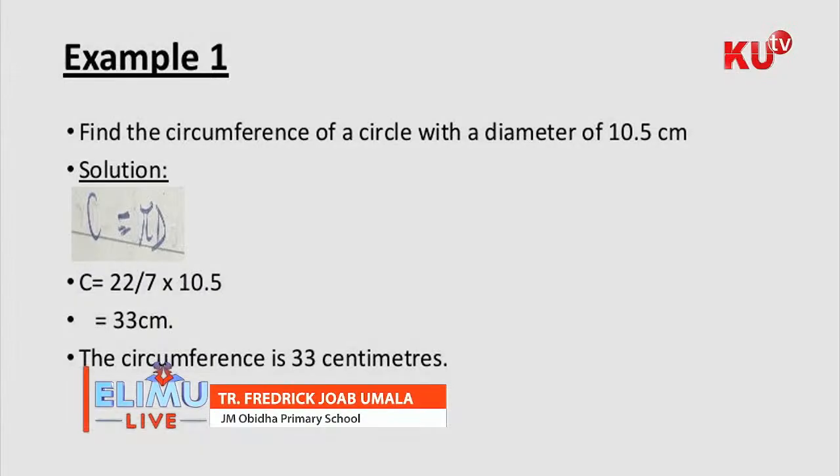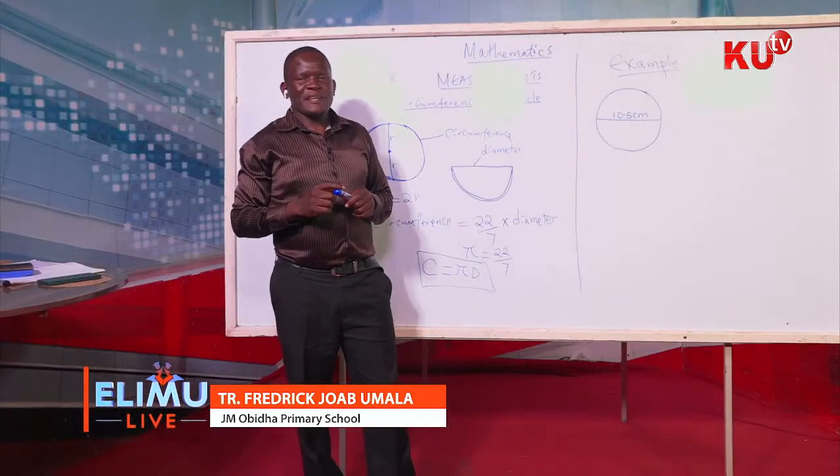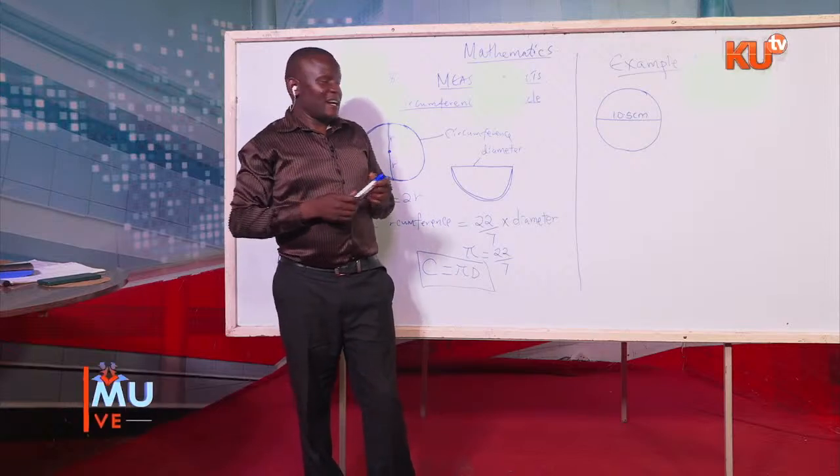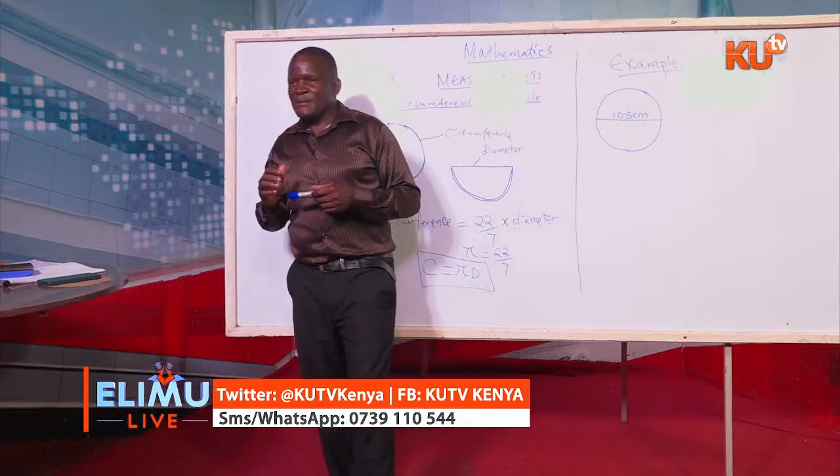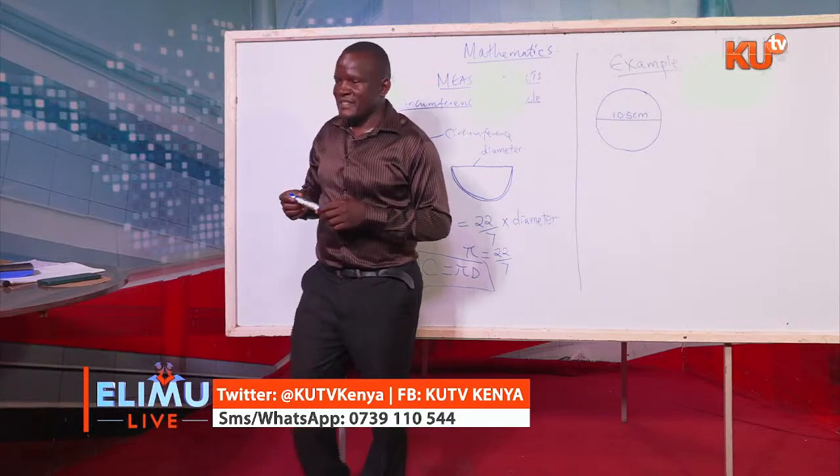So that is our diagram. That is our circle. The diameter is given as 10.5 centimeters.